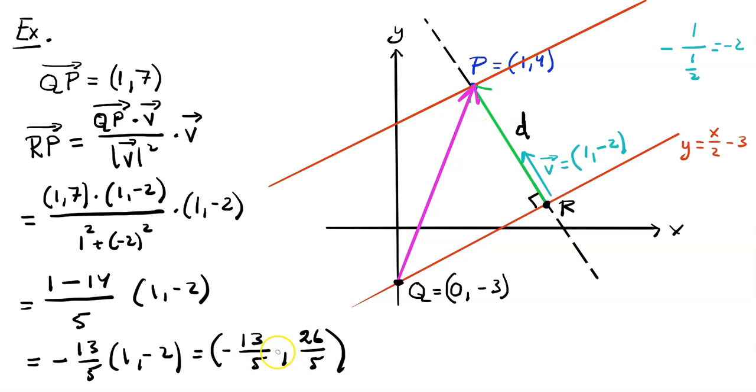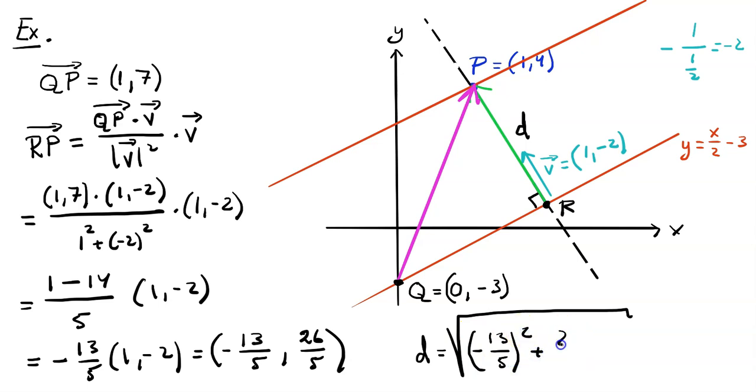This is the green one. Now we only need to take the length of the green one, then we have the distance. So the distance is the length of this one. That's just Pythagoras theorem. So this one squared, but so we need to take the square root. Then it's minus 13 fifths squared, plus 26 fifths squared.